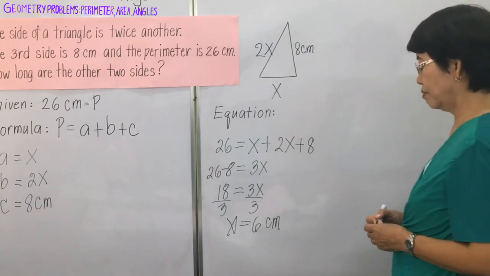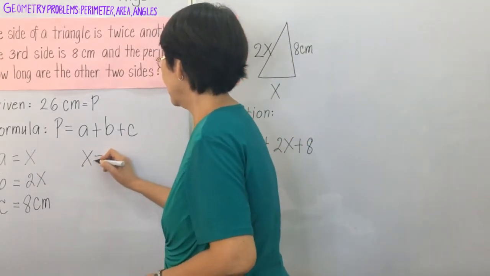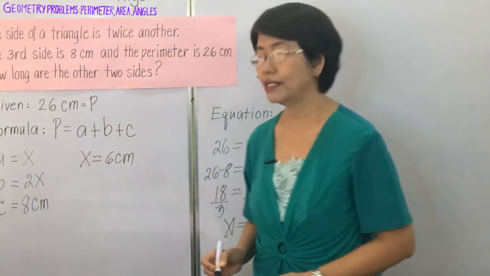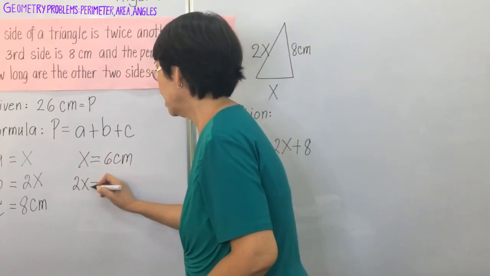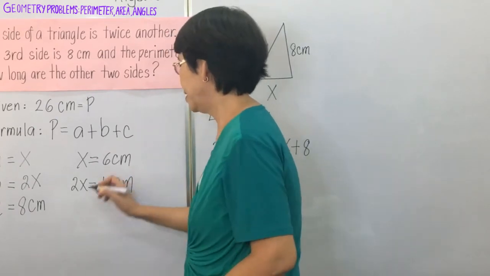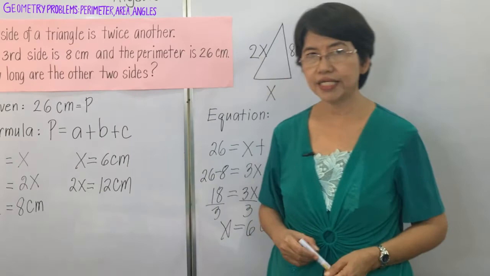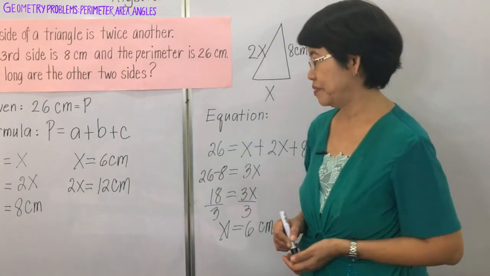Okay? So, since the value of x is equal to 6 cm, 2x will be equal to 12 cm. And then we have our value for c. And if we add them, we should add up to the perimeter.